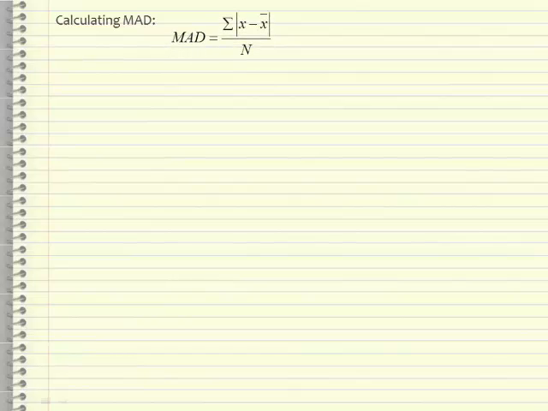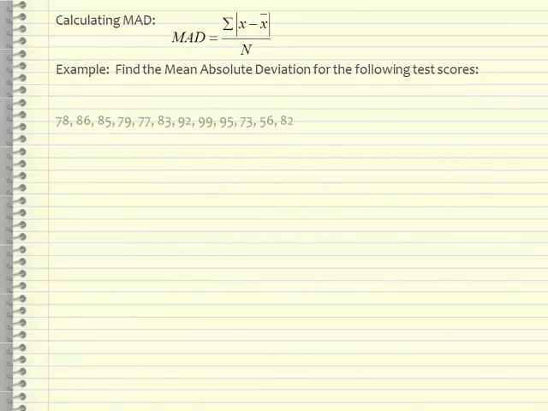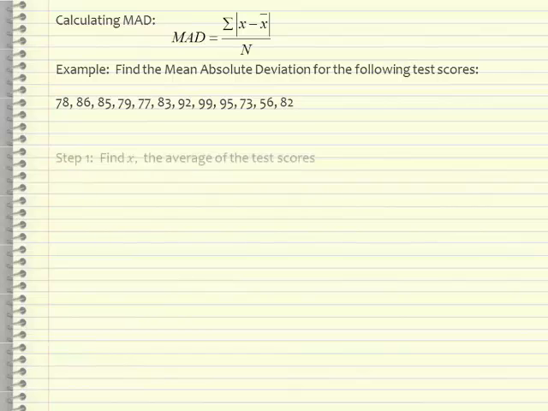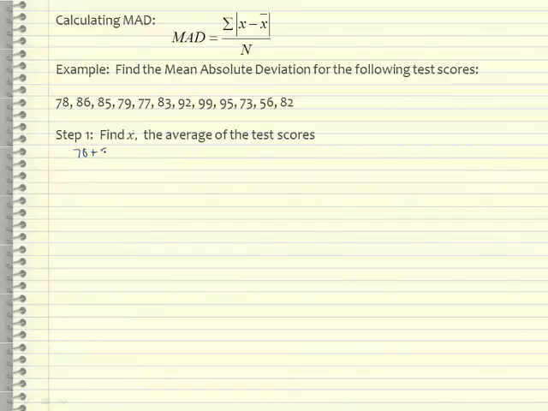So how do we find this? Well, we've got some test scores. First, we're going to find the average of the test scores. So I'm going to add these all up.